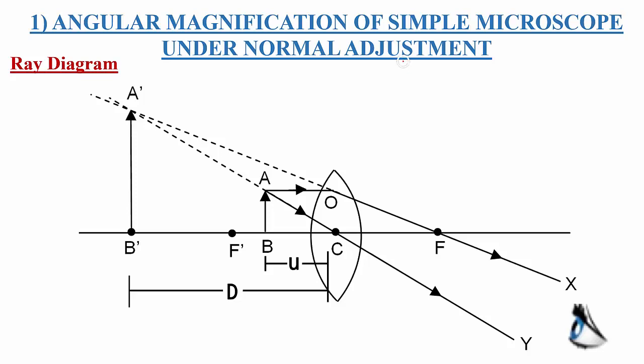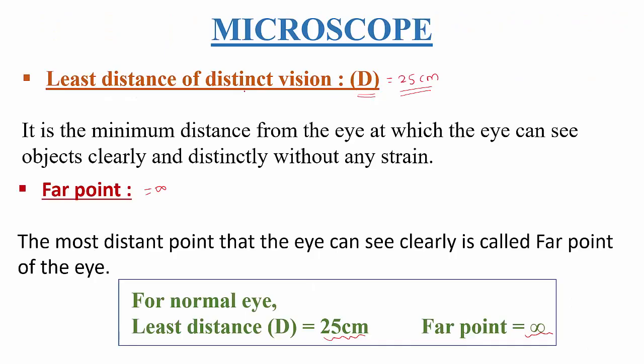In the second case, I will derive the magnifying power of a simple microscope where the image is formed at infinity. These are the two cases in which I am going to derive the angular magnification of the simple microscope.